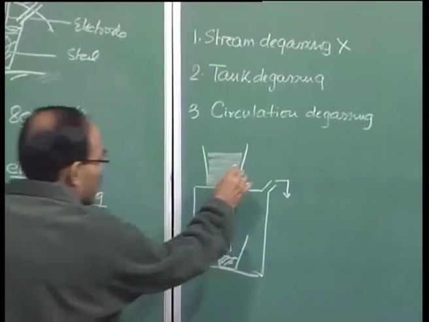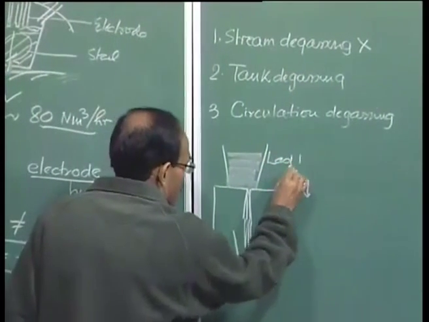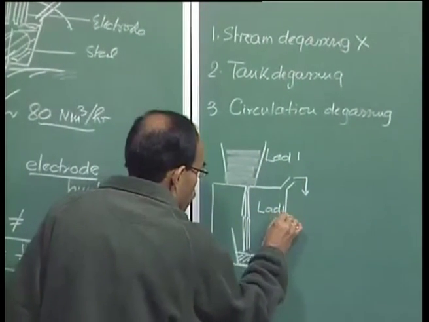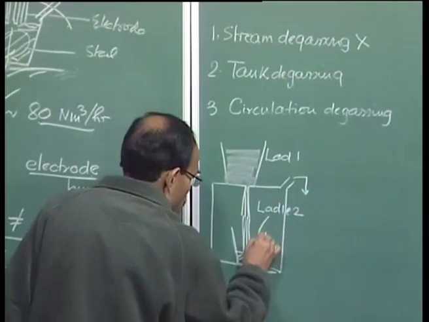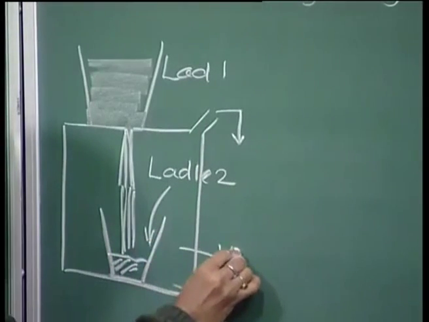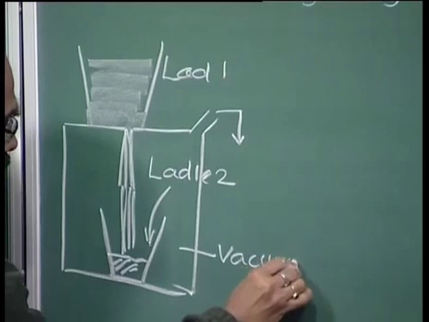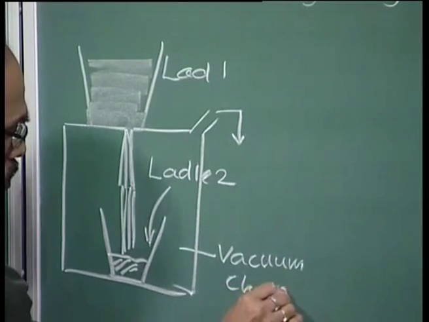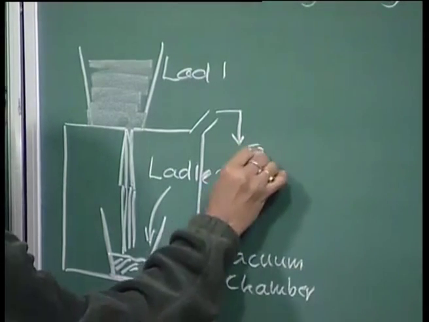So, this is ladle 1, this is ladle 2, this is the vacuum chamber, and this is the suction.